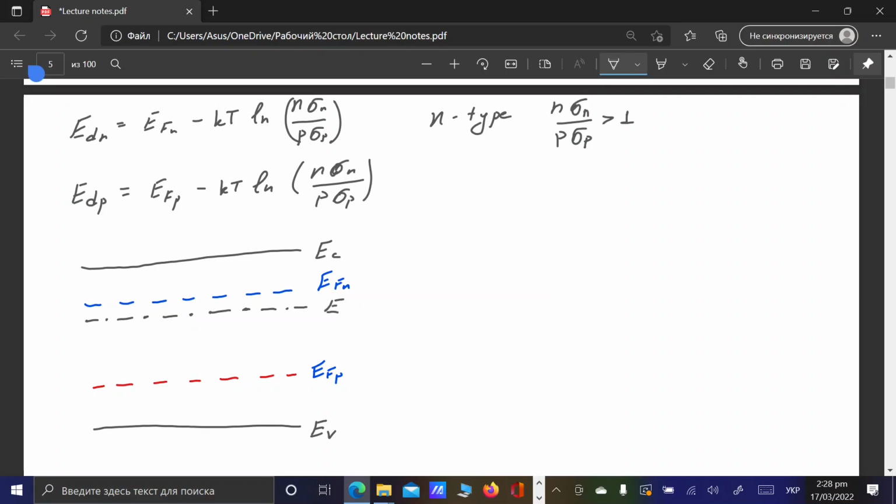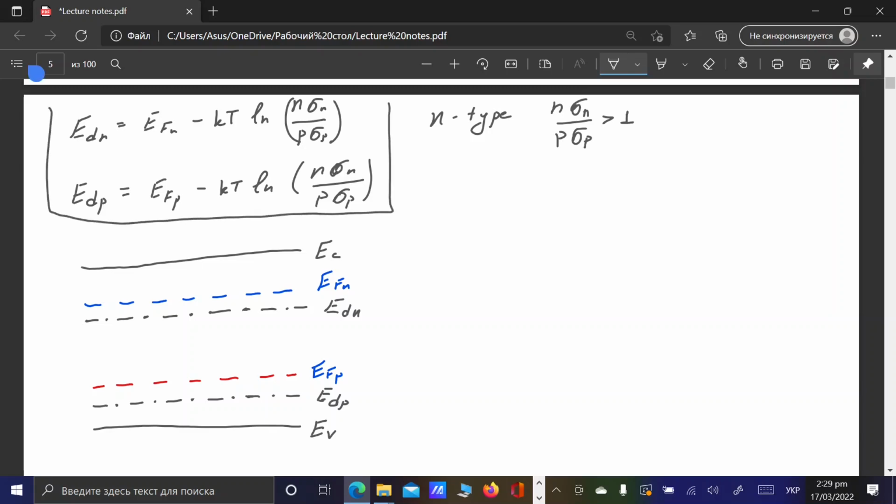So this will be EdN, and here we will have EdP. So first we determined the position of quasi-Fermi levels for electrons and holes, then with respect to them we determined the position of demarcation levels for electrons and holes according to these equations.